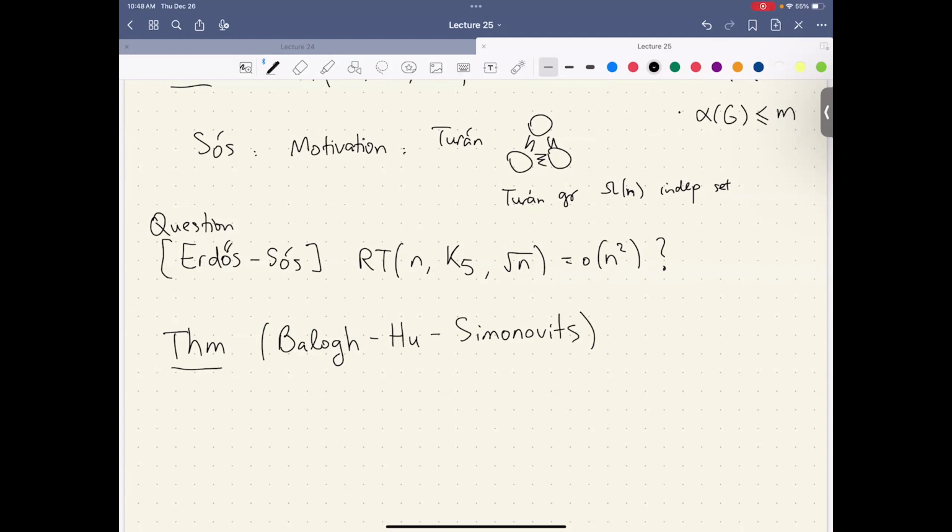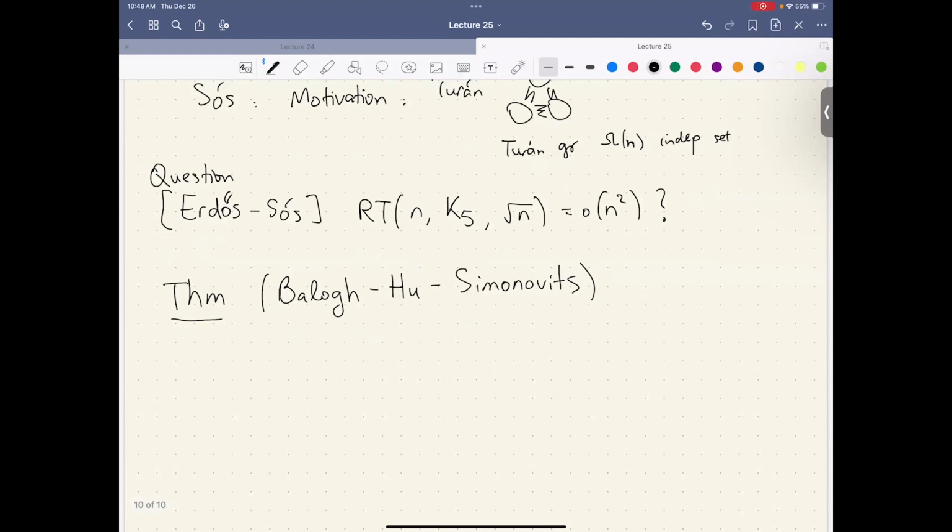So what they proved is that the Ramsey-Turan number of K5 with independence number little o of square root n log n is little o of n squared.